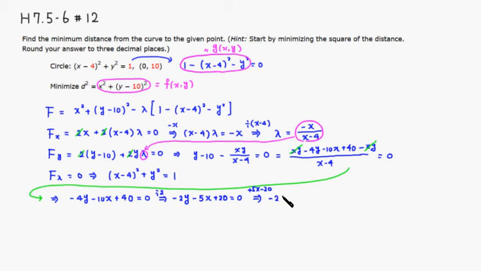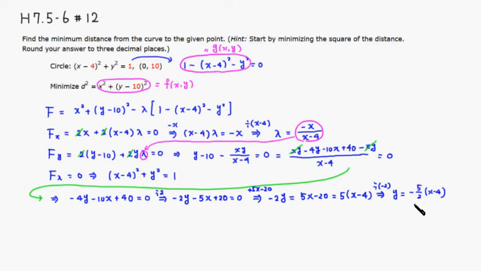So negative 2y is equal to 5x minus 20, which we can write as 5 times, because 5 is in common, x minus 4. Then finally we divide through by negative 2. So y is going to be equal to negative 5 halves times x minus 4.